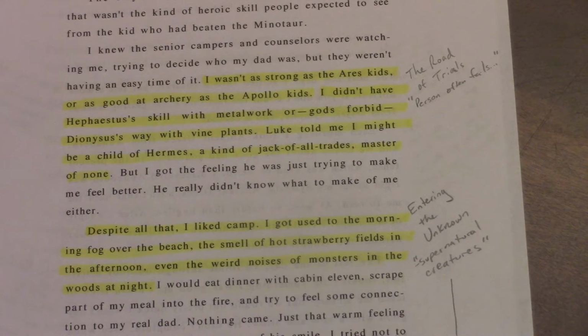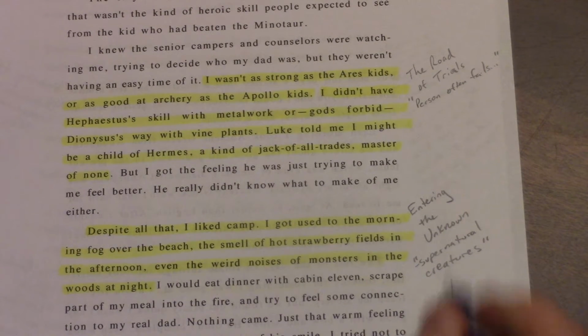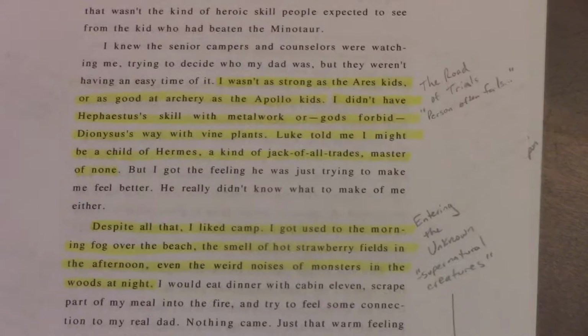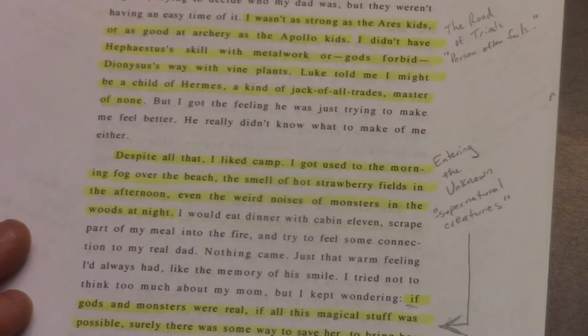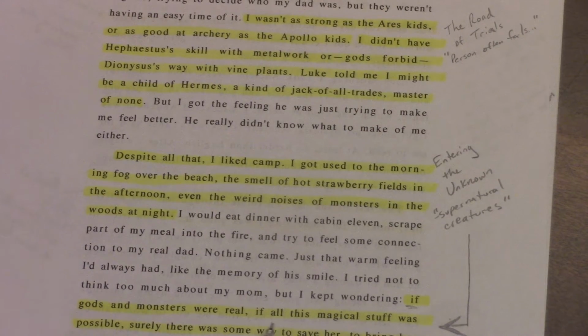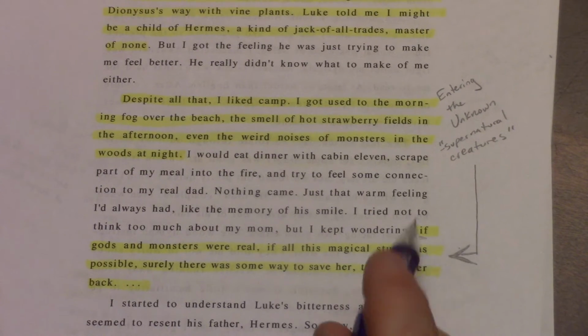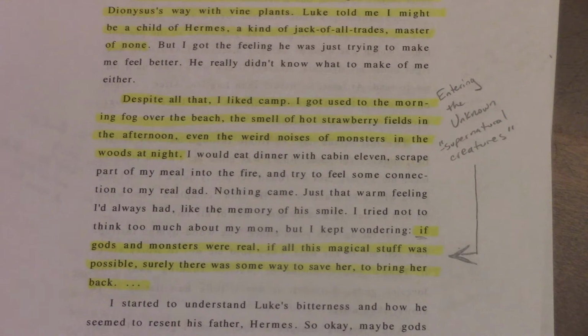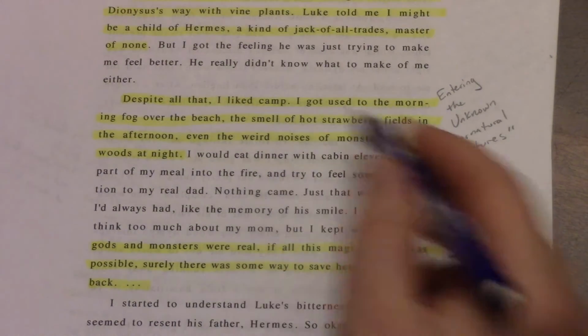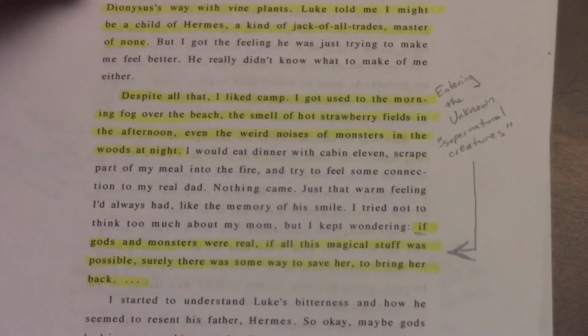I'm talking about the supernatural creatures, and then I drew an arrow down here saying that supernatural creatures was also talking about this quote, underneath it, if gods and monsters were real, if all this magical stuff was possible, surely there was some way to save her, to bring her back. And of course he's talking about his mom, Sally Jackson. So these are good quotes that would go along with that.